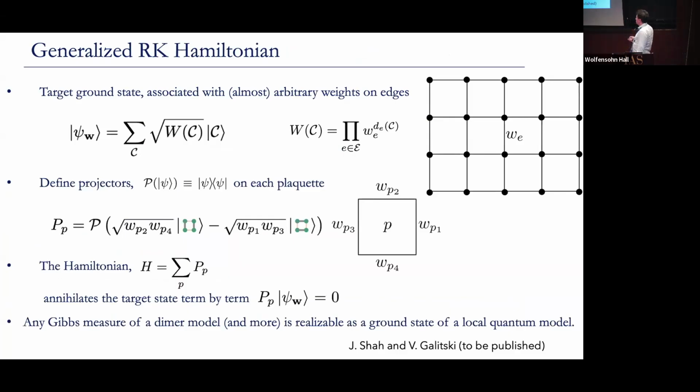Well, I don't expect you to be able to go through this algebra in real time, but it's not super complicated. Essentially, there is a way to construct a variation of the RK Hamiltonian such that any cover you like becomes its ground state. The upshot of this is that any Gibbs measure that mathematicians study, basically the assignment of weights of a dimer model, is realizable as being emergent from quantum lattice models.